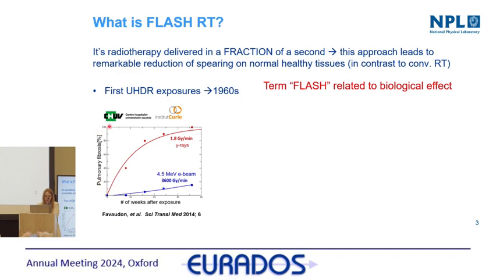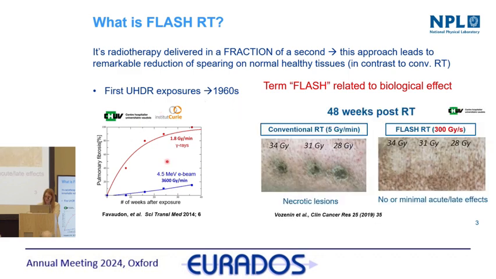In this case, it was pulmonary fibrosis that was the endpoint looked at, with respect to conventional dose rate delivery. Since then, we have had a number of preclinical studies demonstrating a similar effect, and this is another example from Marie-Catherine Vozenin, demonstrating that delivery of ultra-high dose rate radiation at really high dose levels, of the order of 28 to 34 gray, significantly spares the healthy tissue.